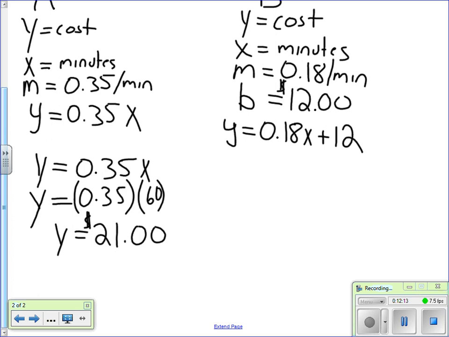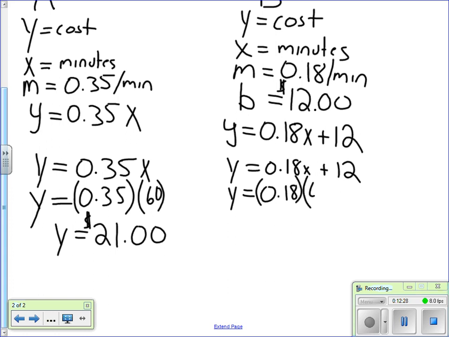So in the other formula, y equals 0.18x plus 12. So y equals 0.18 times 60 plus 12. Now remember our order of operations. The order of operations says I have to do that first.